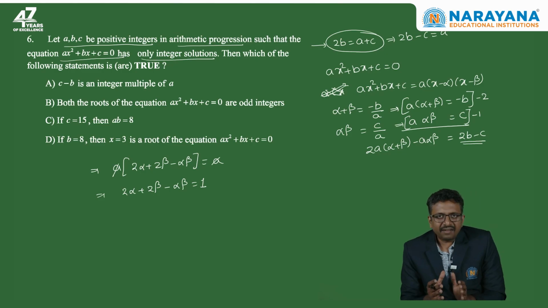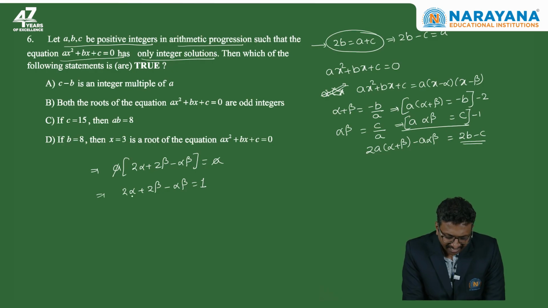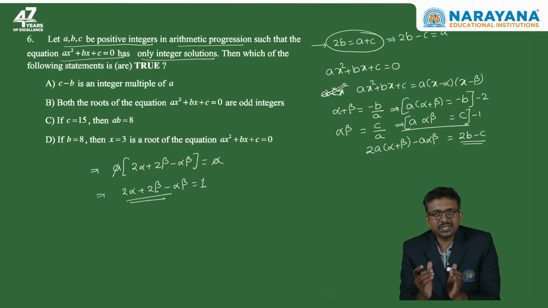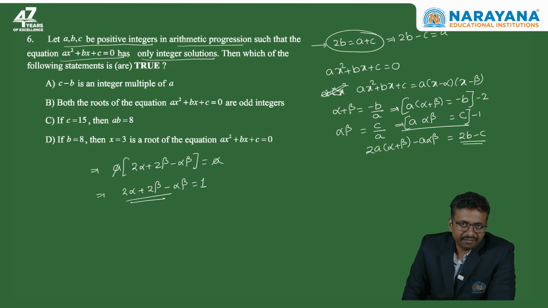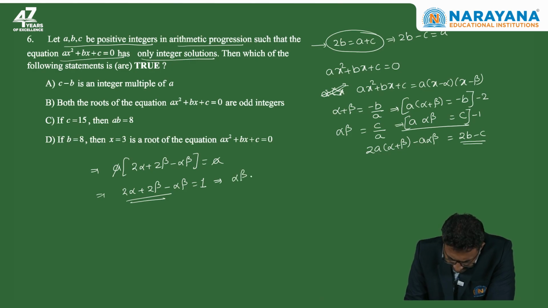Whenever we have Diophantine equations type of question, we usually try to write the expression as something into something is equal to some integer, and we try to take it forward from there. So this implies alpha beta minus 2 alpha minus 2 beta is equal to minus 1.